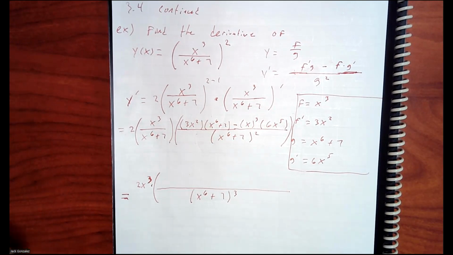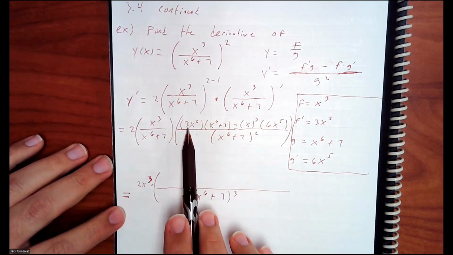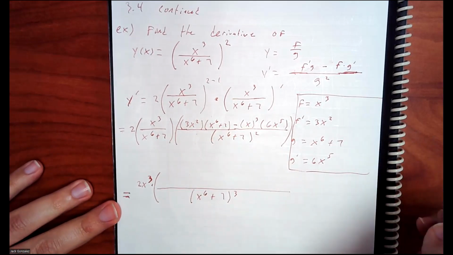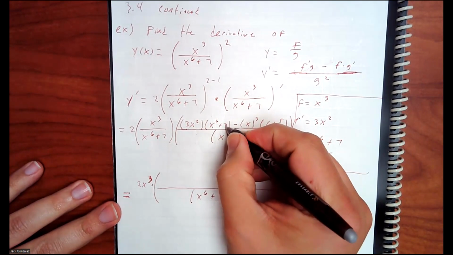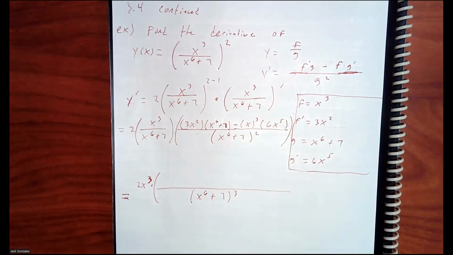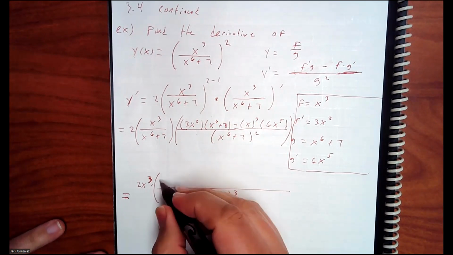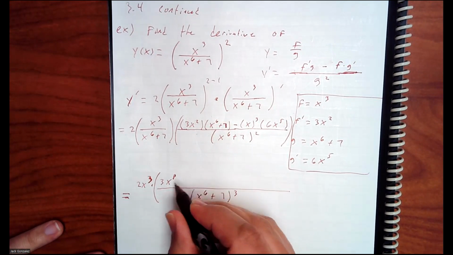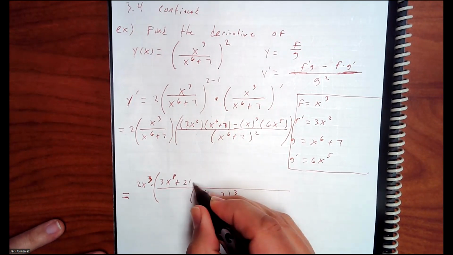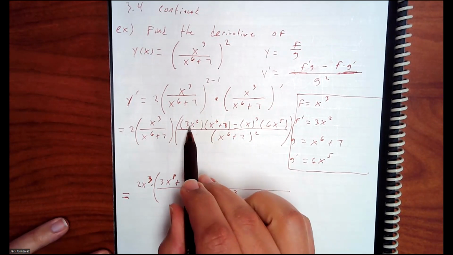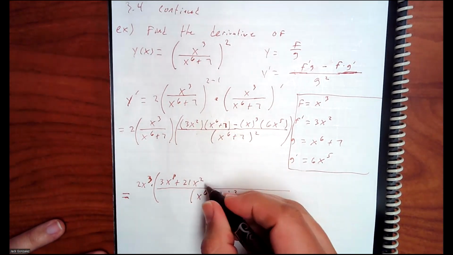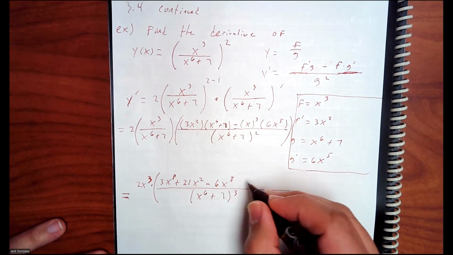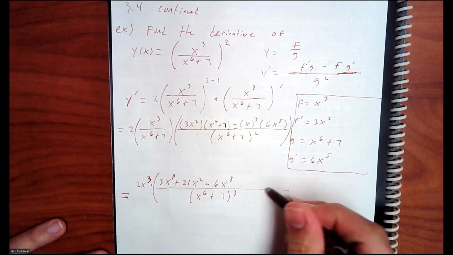So cubed, right? Multiply this garbage. 3x squared times x to the 6, 3x squared times 7. Is that a 2? No, that is a 7. I cannot read my own handwriting. Three x to the 8 plus 21x squared. So that's the first distribution. Minus 6x to the 8. I don't need all that over there. Cool.